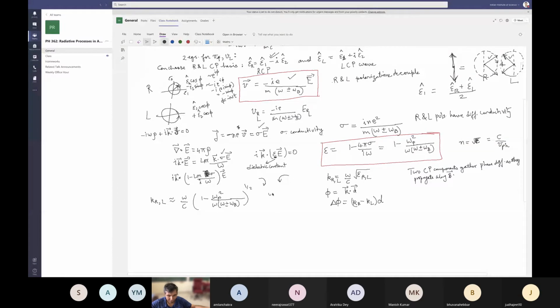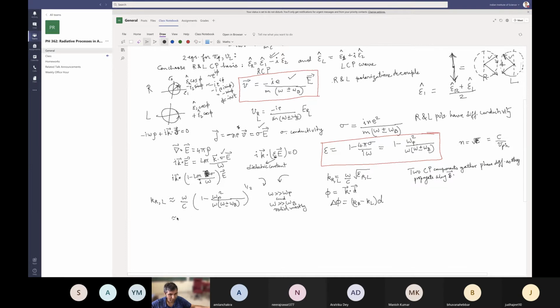So we assume that omega is greater than omega p and omega is greater than omega b, and this is valid in most cases, because omega p is like 10,000. The frequencies that we are talking about are always greater than tens of hundreds of megahertz. So we do the binomial expansion.